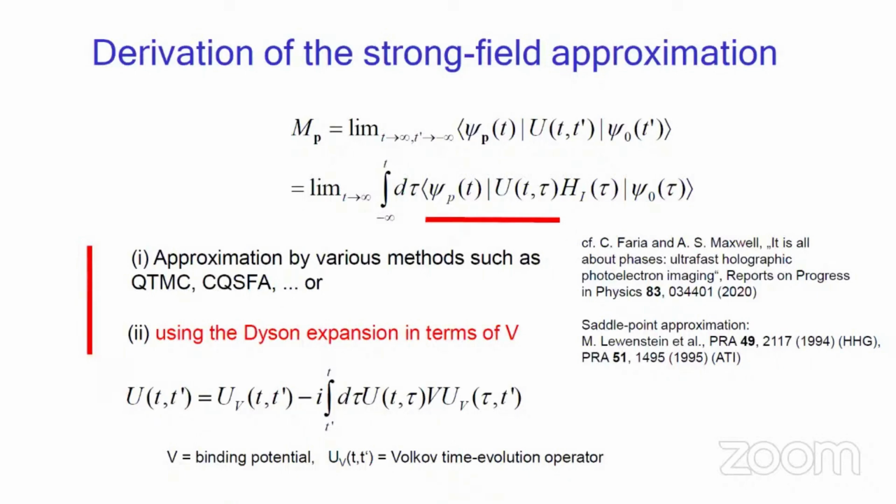Normally, these days, most people approximate it by trying to incorporate the Coulomb potential into the action in the exponent. A beautiful review has been given by Carla Faria and Andy Maxwell. And I follow the second approach, using the Dyson expansion in order to expand the exact propagator in terms of the interaction with the binding potential.